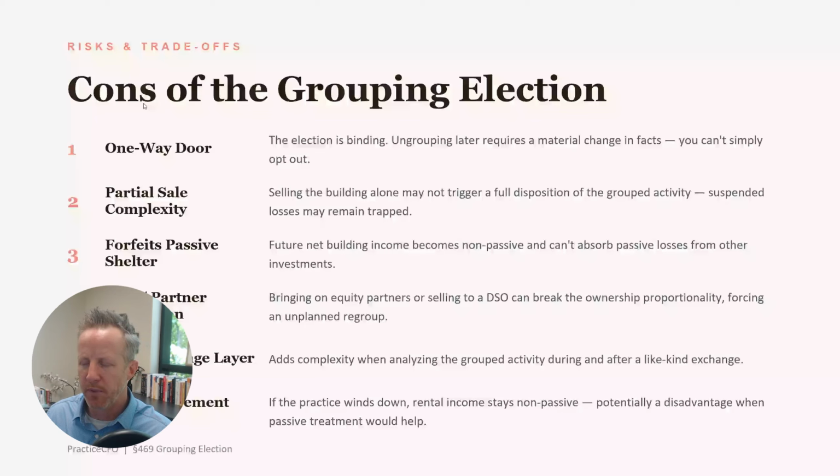But when you group it, now your building LLC is like your practice. It's an operating, active thing now. And the 1031 exchange is only allowed for passive rentals, selling those and putting the proceeds into a new passive rental. So when you group, it adds complexity when you're analyzing the grouped activity during and after a like-kind exchange.